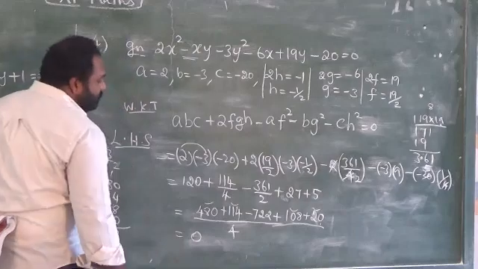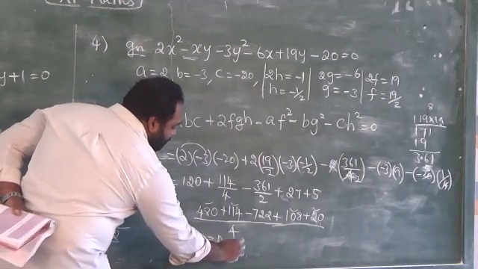So the whole thing will be 0, so you are getting the RHS side.